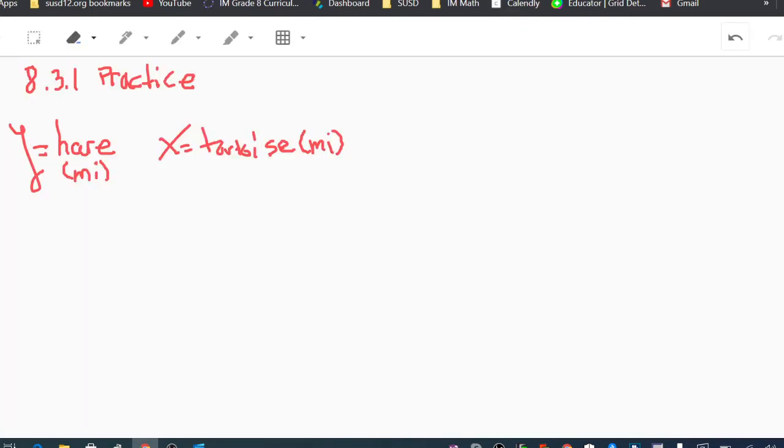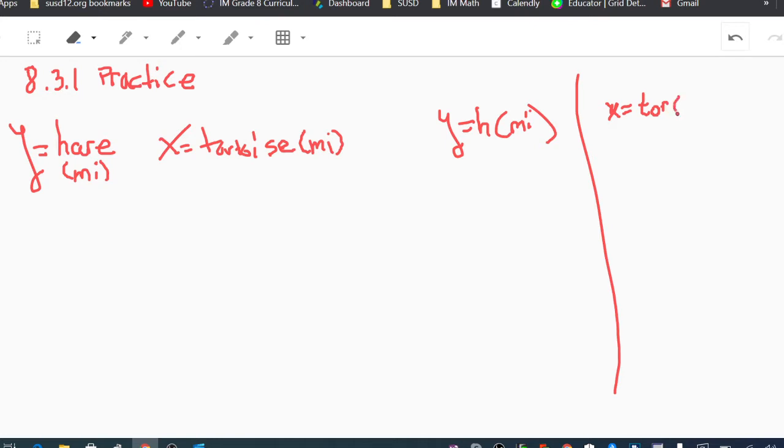Okay, I think we're going to need to make a table to help us with this. So let's go y here, and the y equals the hare in miles. I'm just going to put h, and then the units mi. And on the other side of my table is x. X equals, now I don't want to say t because that can be confused with time, so I'm going to say tortoise, it's short for tortoise, in miles.